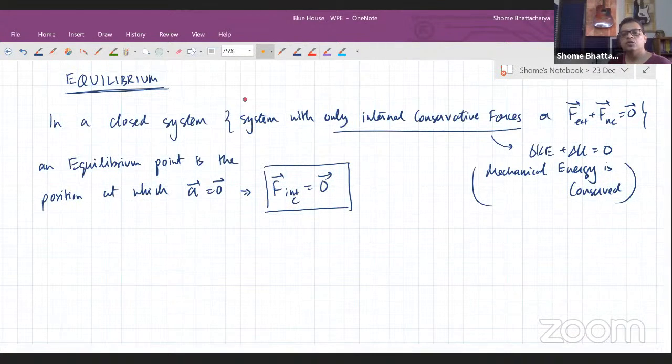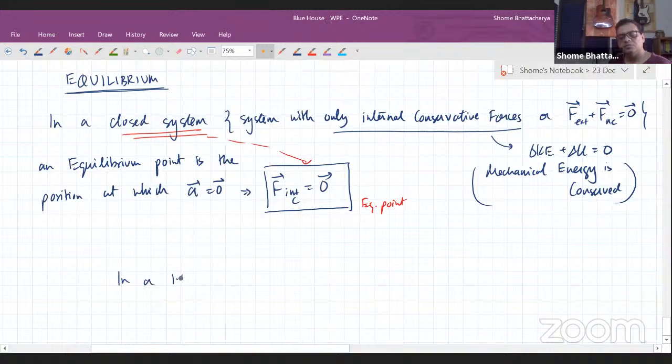So for a closed system, this becomes a definition of an equilibrium point, because there is no external force. The sum of external force and non-conservative force is 0. So only internal conservative force is the net force. So an equilibrium point is a point where acceleration is 0, but acceleration is coming from which force? Only the internal conservative force. So internal conservative force should be 0.